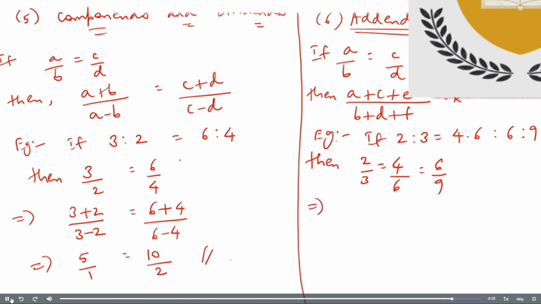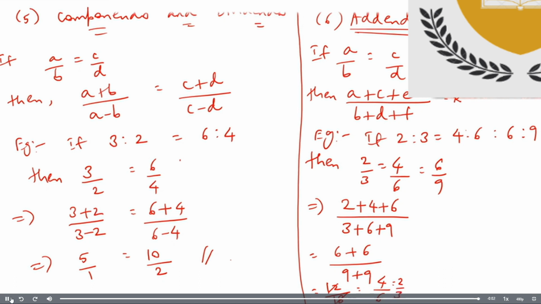Then according to addendo, 2 plus 4 plus 6 by 3 plus 6 plus 9 is equal to 12 by 18, which is equal to 2 by 3.